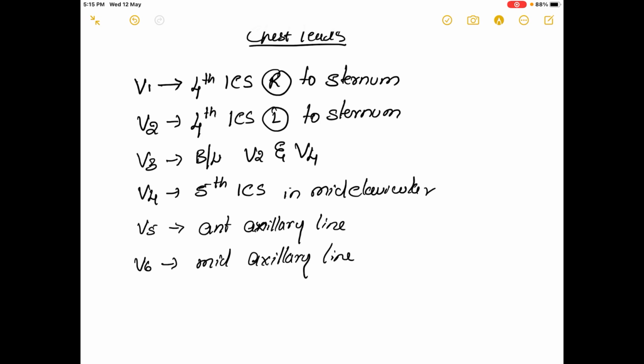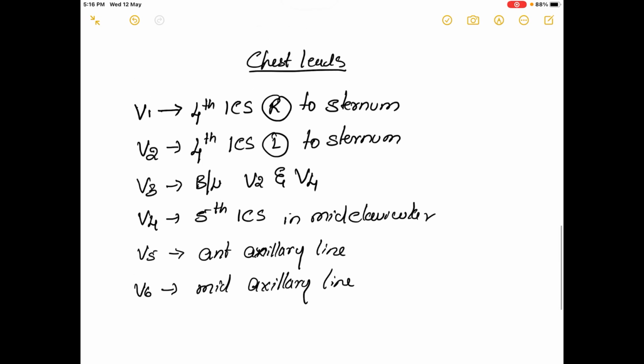This is how chest leads are connected. One more thing: the limb leads measure the electrical activity of the heart in the frontal plane, whereas chest leads measure the electrical activity in the horizontal plane.